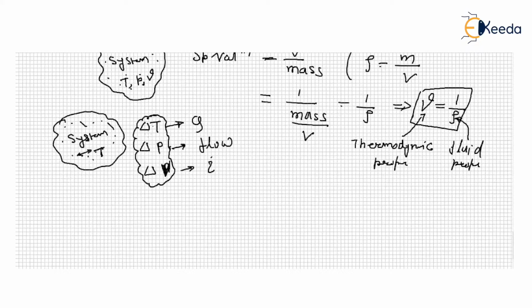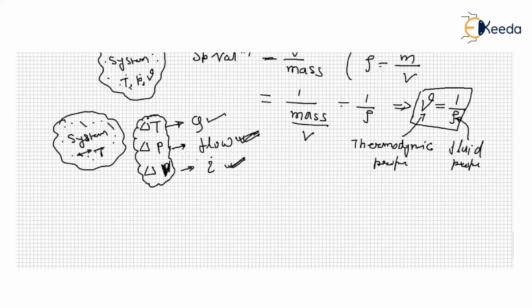That means if we change the temperature within the system, there must be a heat flow within the system. If we change the pressure within the system, there must be a flow of the fluid. If we change the potential within the system, there must be a current I. But according to thermodynamics, this tends to zero. Why?